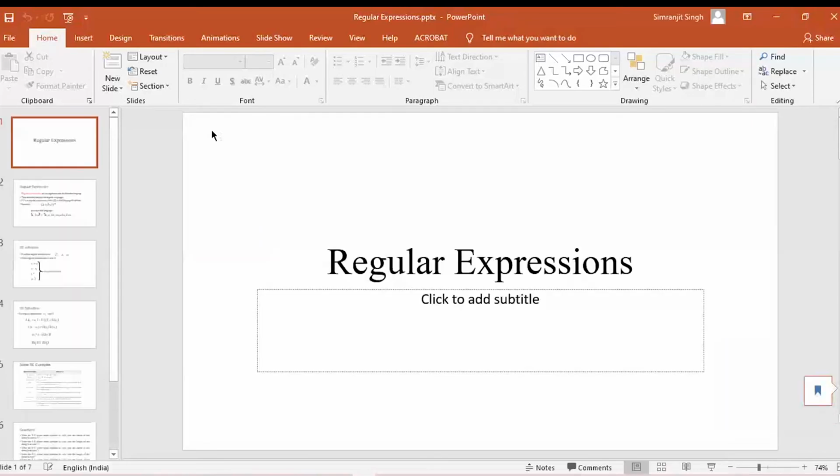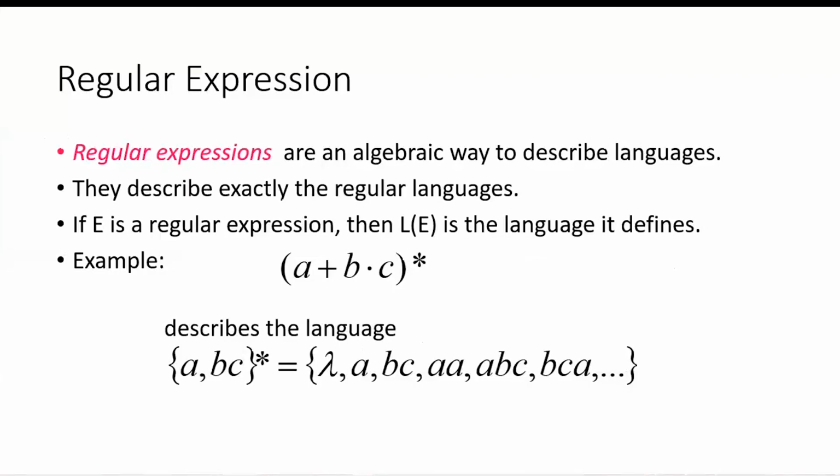The definition of a regular expression is fairly basic. It is an algebraic way to define or describe languages, and here I am talking only about regular languages. A simple example of a regular language is A star. For this A star, you can easily build a finite automaton, meaning a DFA.